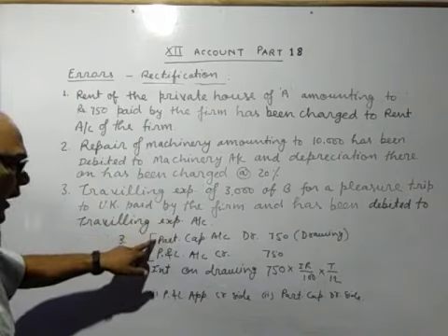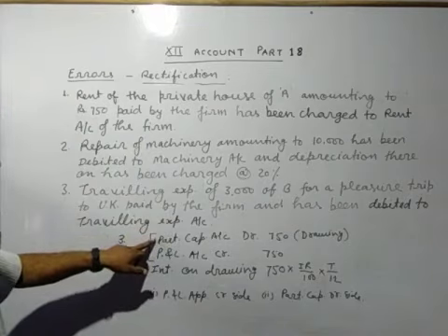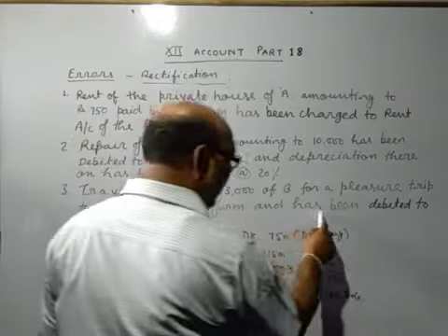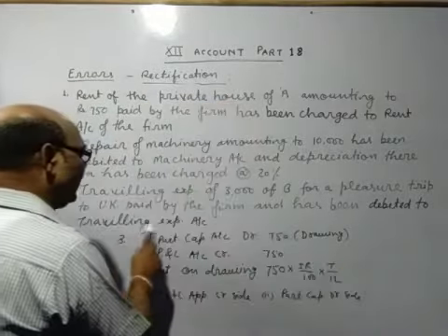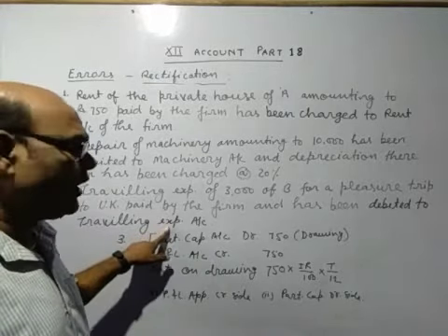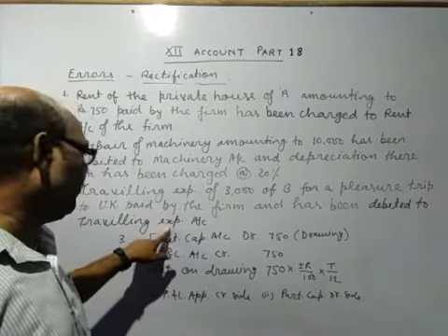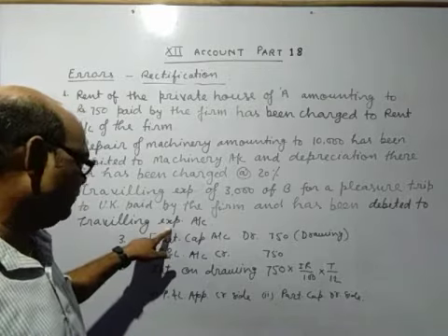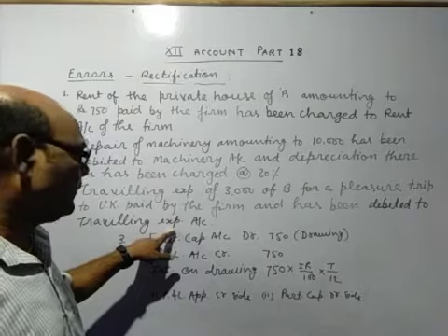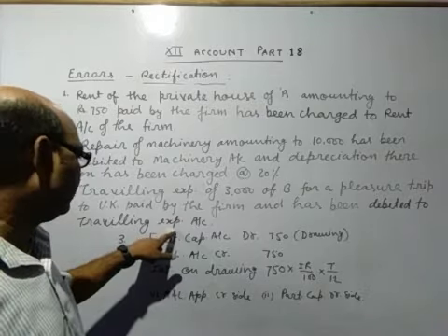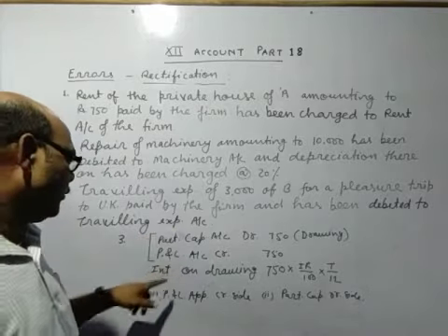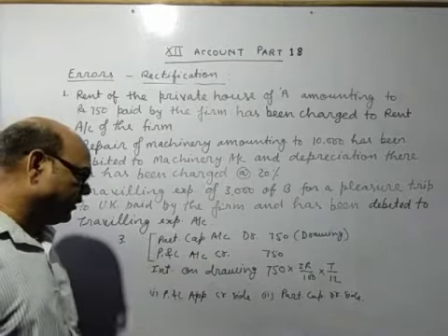This is the drawing of B. So B's capital account should be debited, but it has been debited to traveling expenses account, meaning it has been recorded on the P&L account debit side by the name of traveling expenses. So when you make the correction, the profit of the firm will be increased, so the P&L account will be credited.